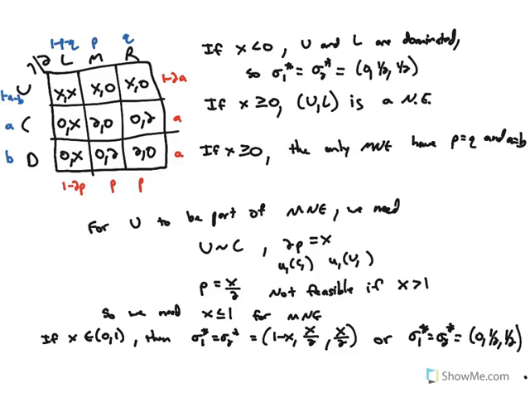So, if X is greater than 1, we only have the pure strategy profile, only UL.